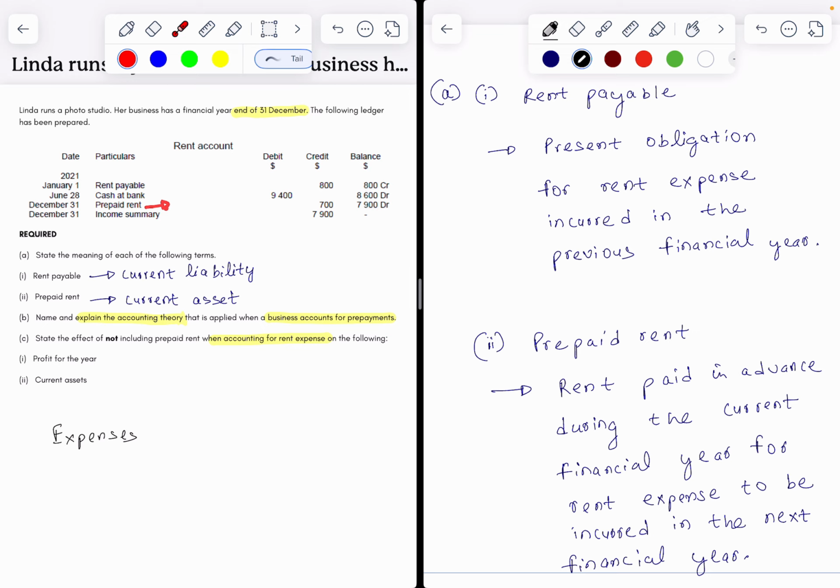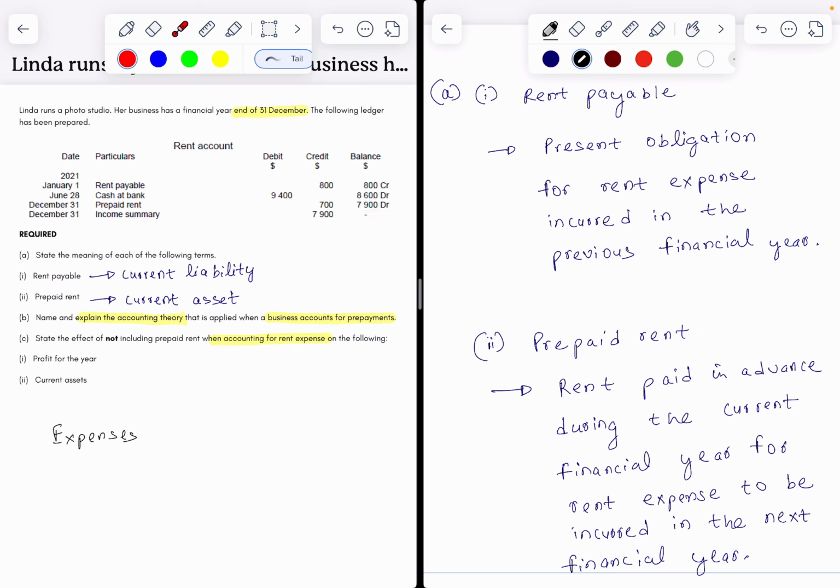But this balance for asset is at the end of the year on 31 December 2021, which is the closing balance, and the closing balance must be credited. So therefore, the prepaid rent is $700 included in the credit column. So previously we had a net balance of 8,600 debit, which now gets reduced by 700. So we now have $7,900 debit.